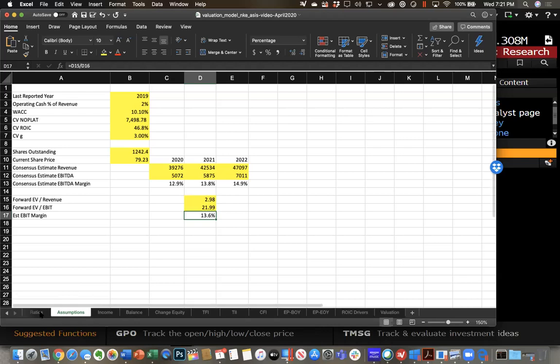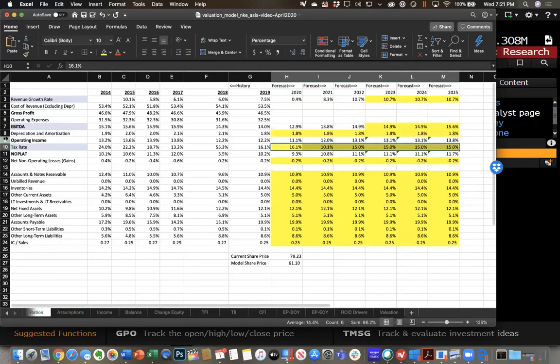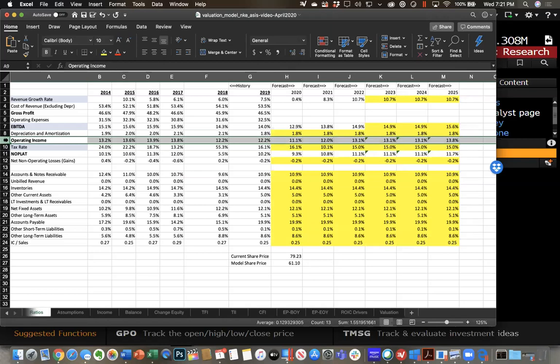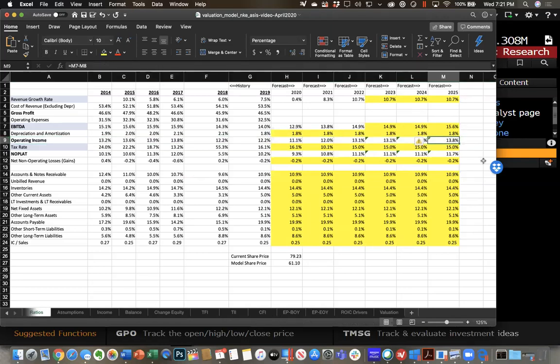Said another way, 13.6% is this row, this number. Based on the trading multiples today, that number should be 13.6%, just working backwards on the math. So we can't change that number, but we're pretty close to the perpetuity number.